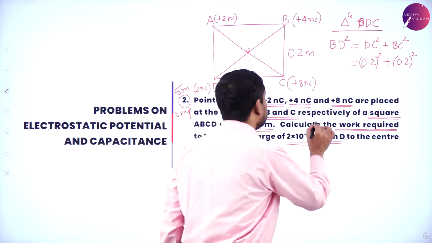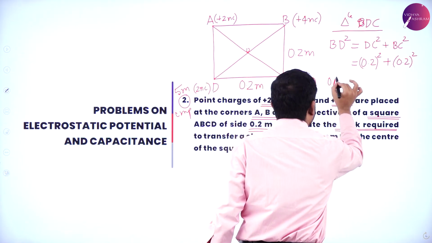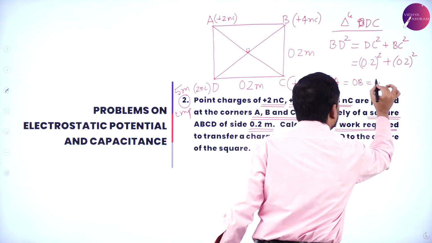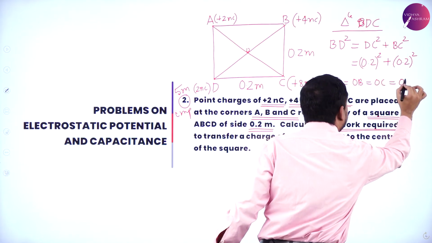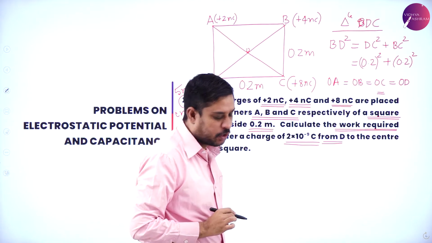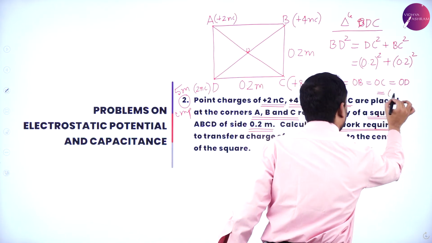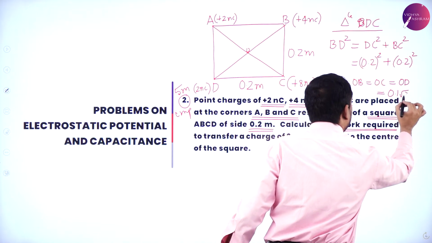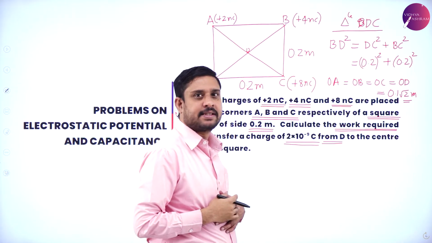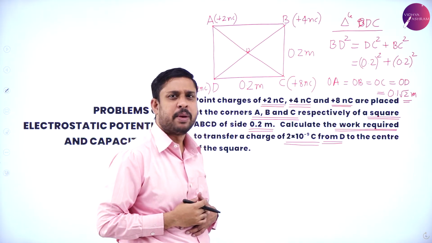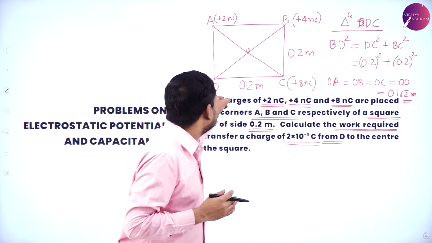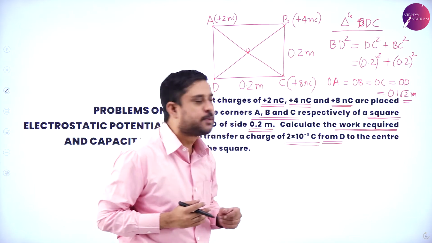Which means from the diagram, OA equals OB equals OC is equal to 0.1 root 2 meters. See, simple. Apply Pythagoras theorem, calculate the hypotenuse BD.